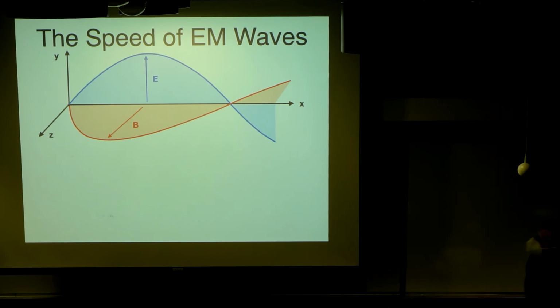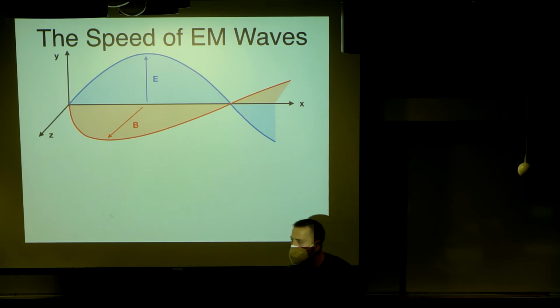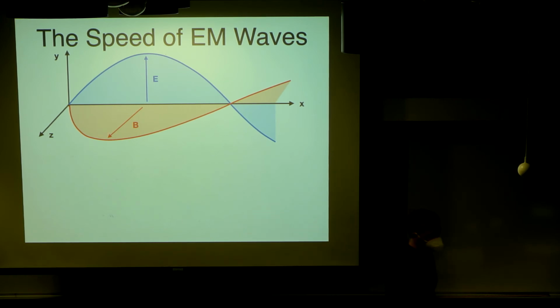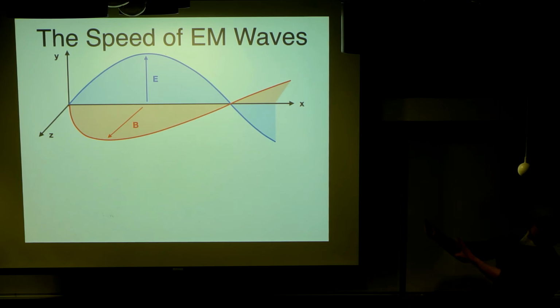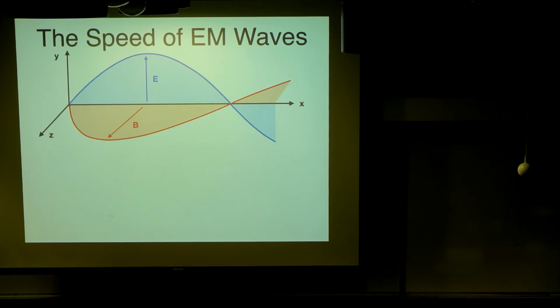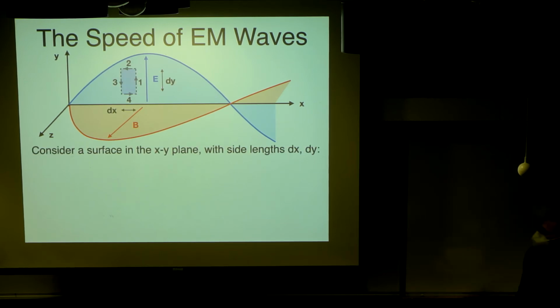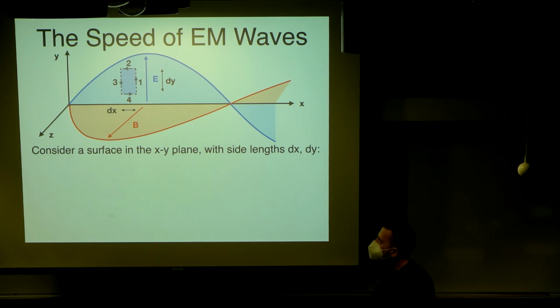So what do you see here? You see a snapshot of an electromagnetic wave that's traveling in the x direction. We have the E field oscillating on the y-axis, and the B field oscillating on the z-axis, just like this. We're zoomed in on a small portion of it, and in particular, I want us to think about this surface that lies in the xy plane.